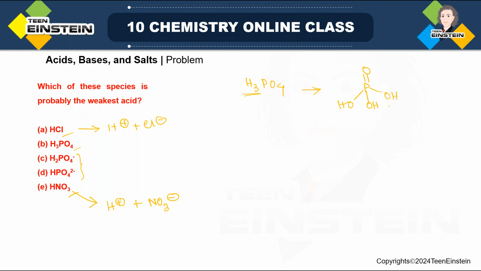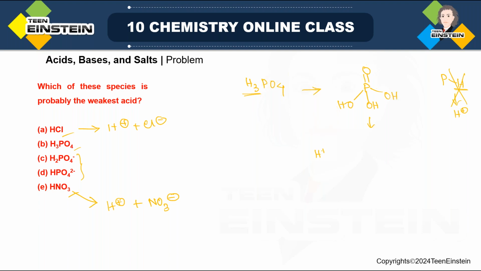It has to be attached to some electronegative atom. There are some other phosphorus-related acids where there will be a P-H bond, and these bonds are not dissociable. So this H will not dissociate as H plus. It is possible only if it is attached to oxygen. So all these 3 hydrogens are able to dissociate.